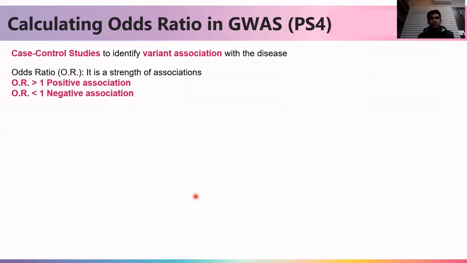If the odds ratio is greater than 1, then there's a positive association. That means the variant is responsible for causing the disorder. But if the odds ratio is less than 1, that is a negative association. That means the variant is protecting against the disease. Means if you have this variant, it is protective against causing you the disease.